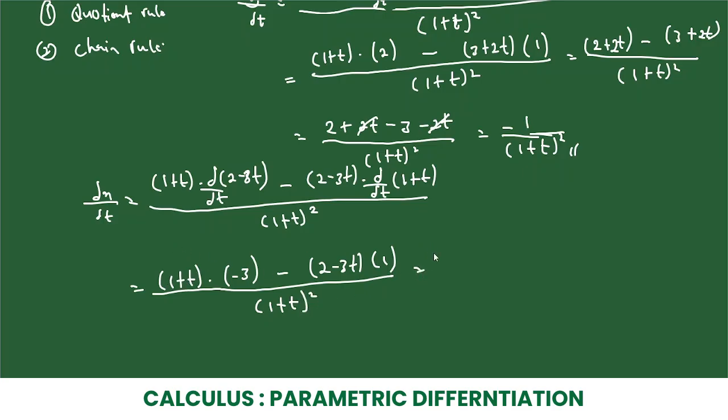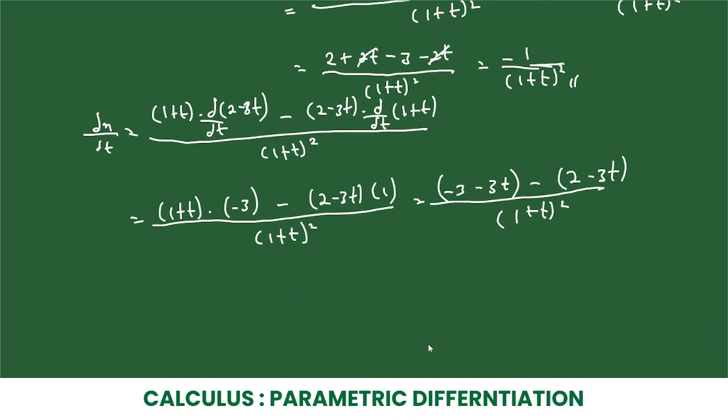So let's multiply this. We are going to get minus 3, minus 3t. And here we are going to have this. So let's put this in bracket. So minus, here multiplying 1 will give us 2 minus 3t. So all over 1 plus t squared.